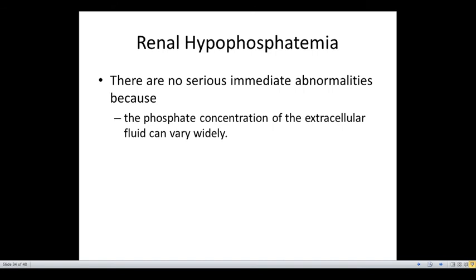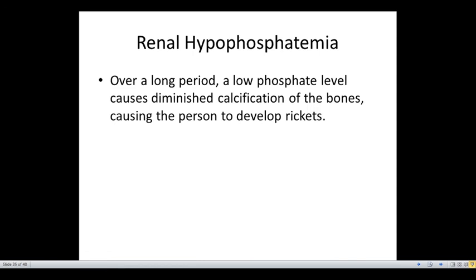There are no serious immediate abnormalities because the phosphate concentration of the extracellular fluid can vary widely. But over a longer period of time, a low phosphate level causes diminished calcification of the bones, causing the person to develop rickets.